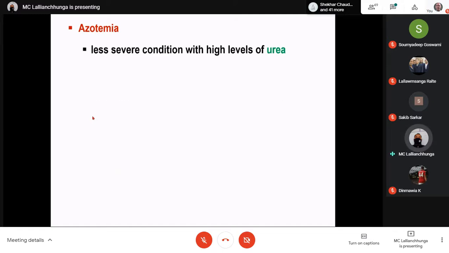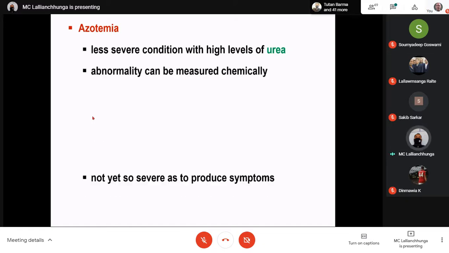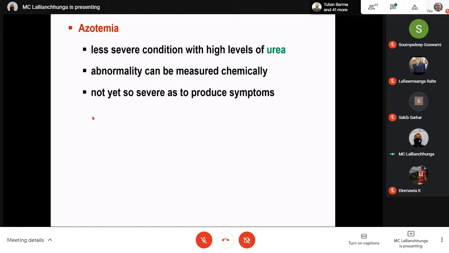This is a less severe condition of uremia with high levels of urea. There is an increase in the urea, but it is not that severe, so it can be referred to as azotemia instead of uremia. The abnormality can be measured chemically, not yet so severe as to produce symptoms. So in case of azotemia, the symptoms may not be manifested.